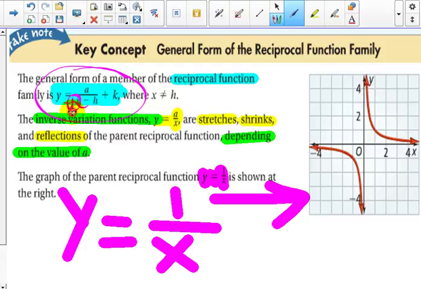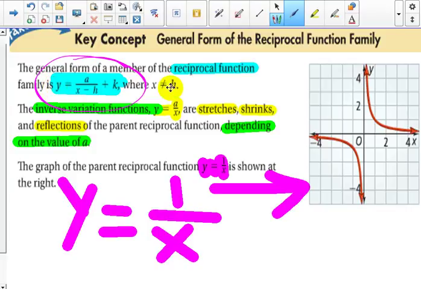So we have to make sure that we avoid those zeros, okay, in the denominator. So there's the big picture of all of them together. Y equals a over x minus h plus k. And the whole parent function of this is y equals 1 over x. Okay?